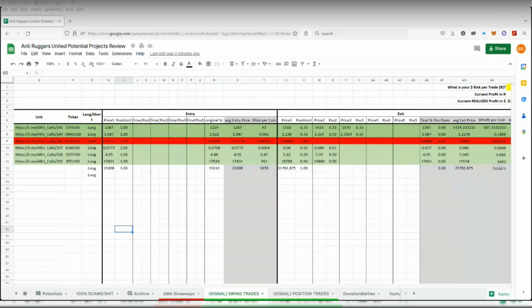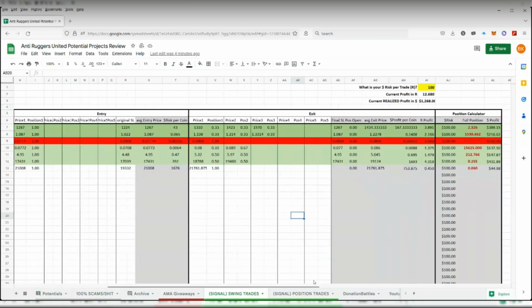Okay, right here. So let's say BNB is $300, so I'm risking $300 because I'm risking 1 BNB on Degens. I'm risking $300 per trade here. So if I risked $300 per trade, I would have made 12 BNB, almost 13 BNB across these 6 trades.